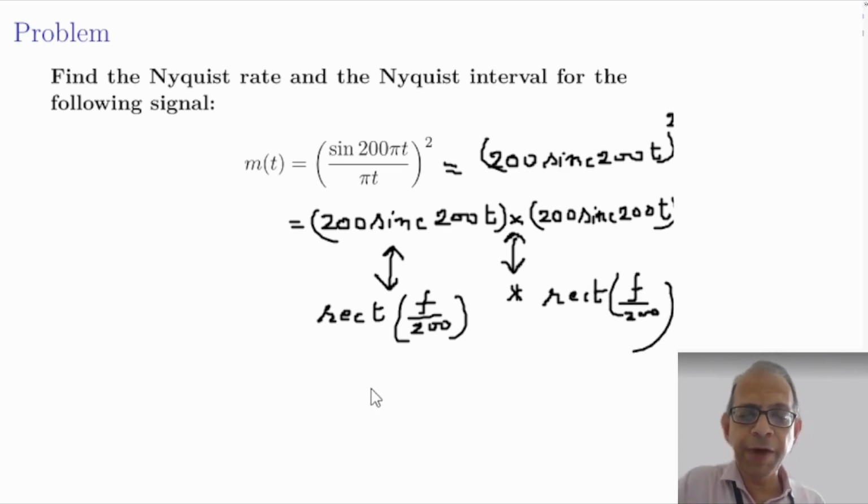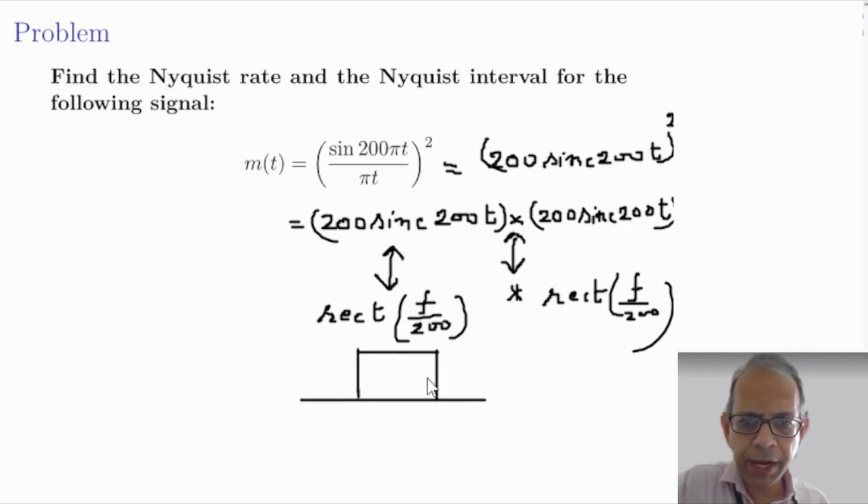And rect f by 200 is a rectangular pulse of height 1, width 200, centered at the origin on the frequency axis. So this pulse is being convolved with the same pulse.